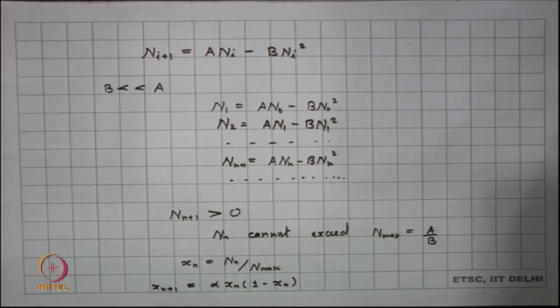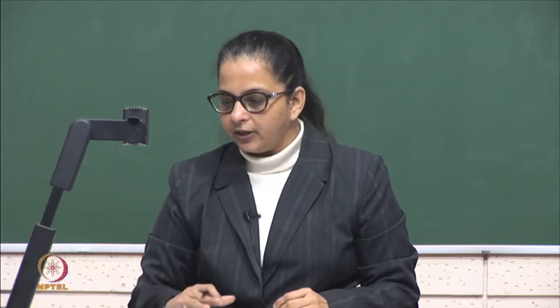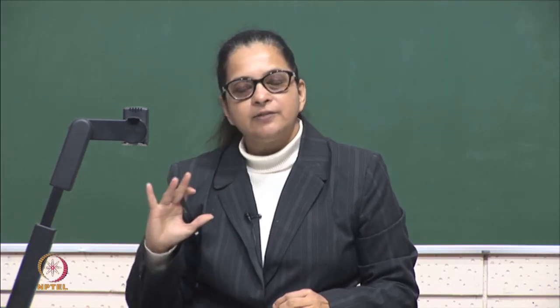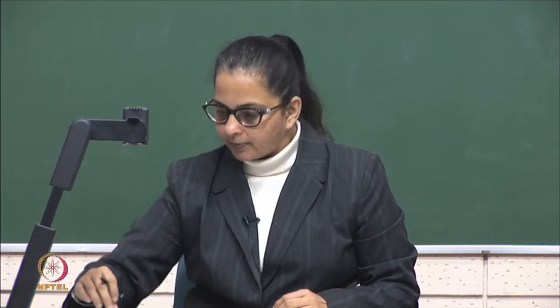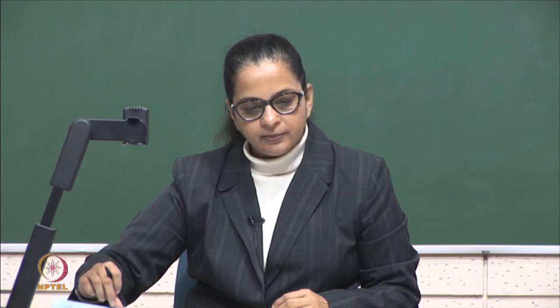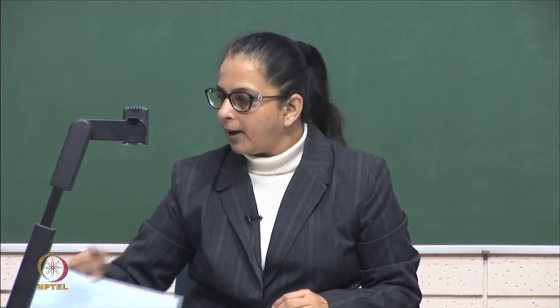We find that the population dynamics follows a function, where xn plus 1 can be given in terms of xn. So, this follows a certain function that depends on x, and we call this function the logistic map.